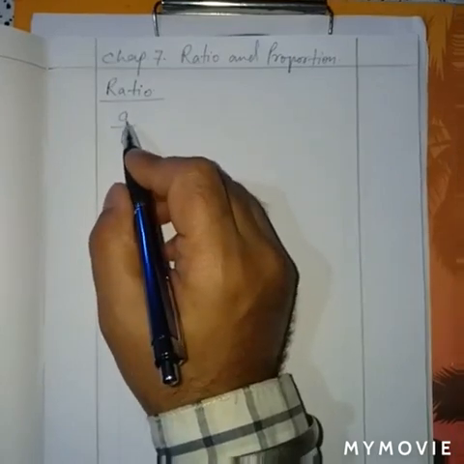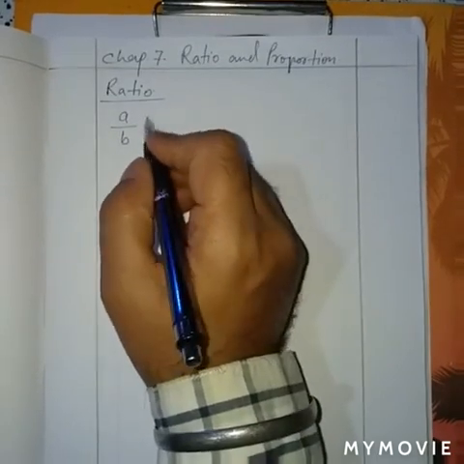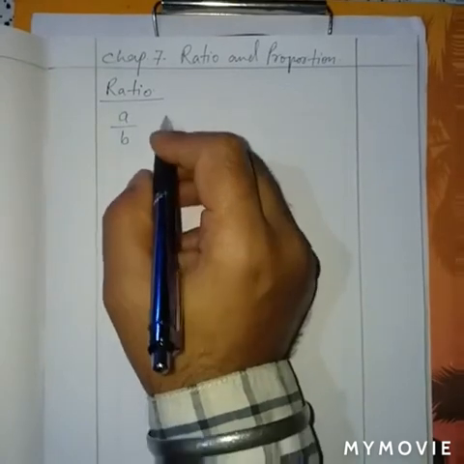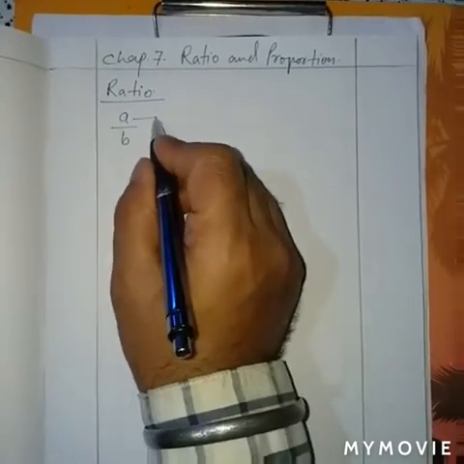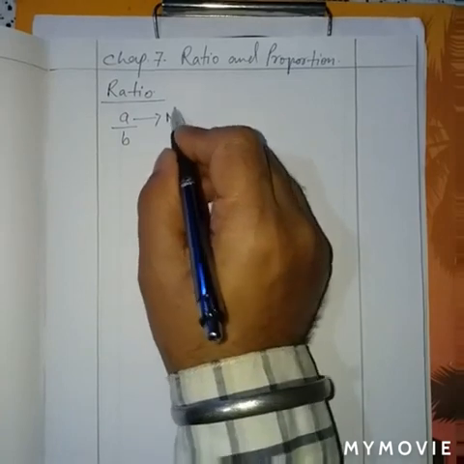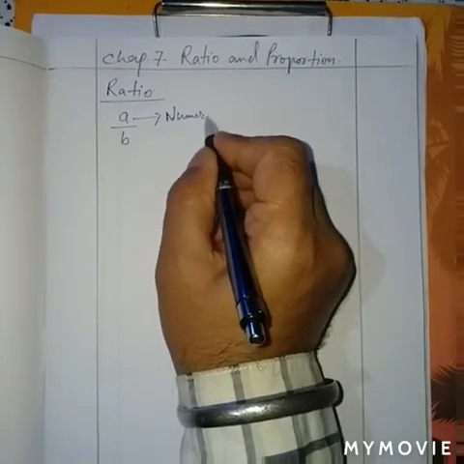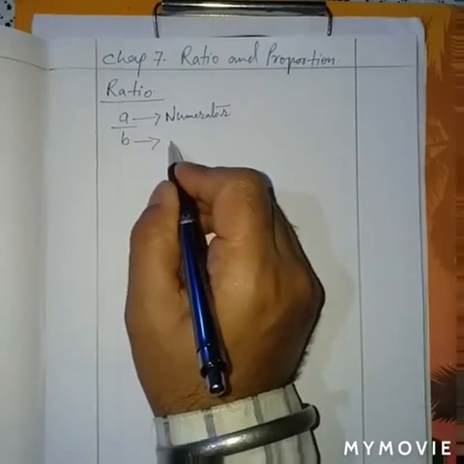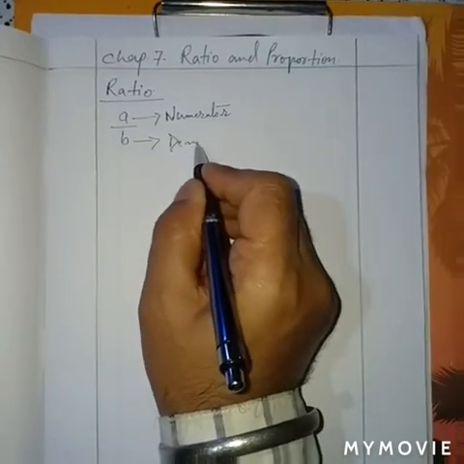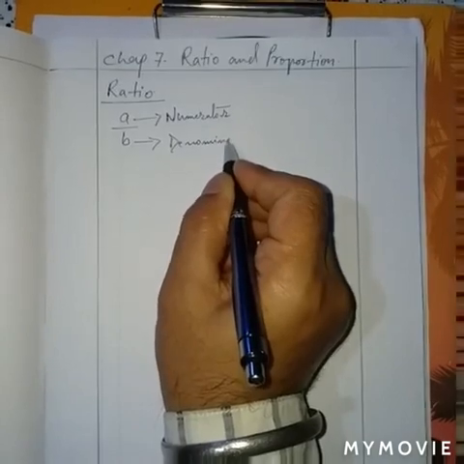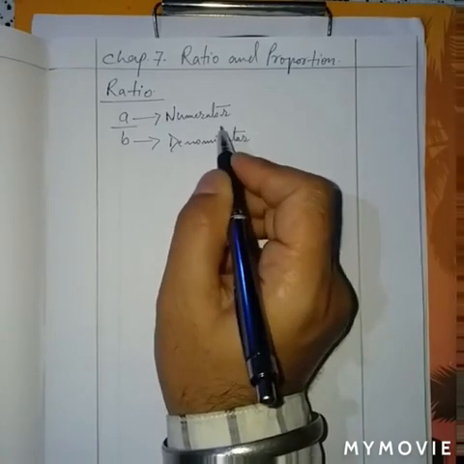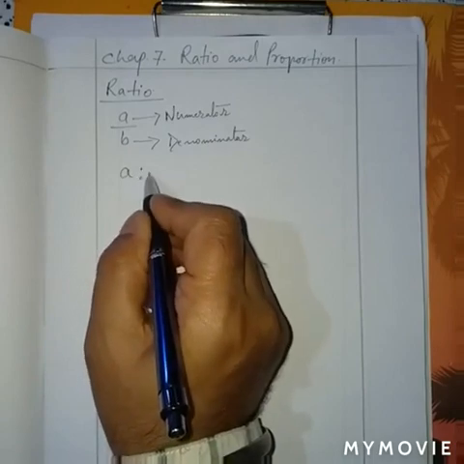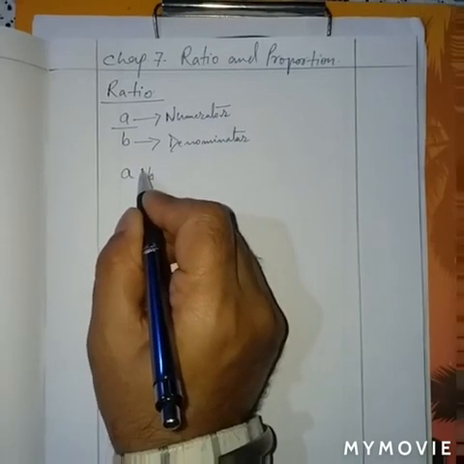Here a is the numerator, and b is the denominator. So a fraction, when we write in this form, it is called a ratio.